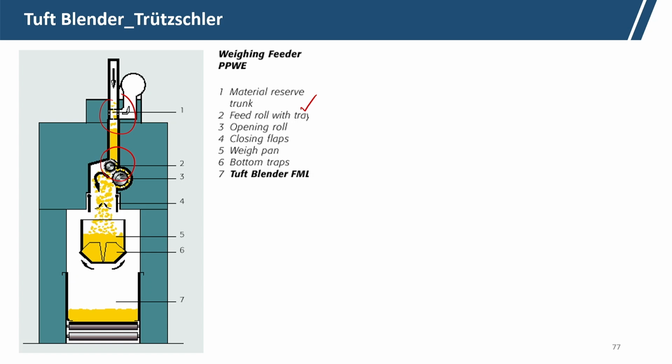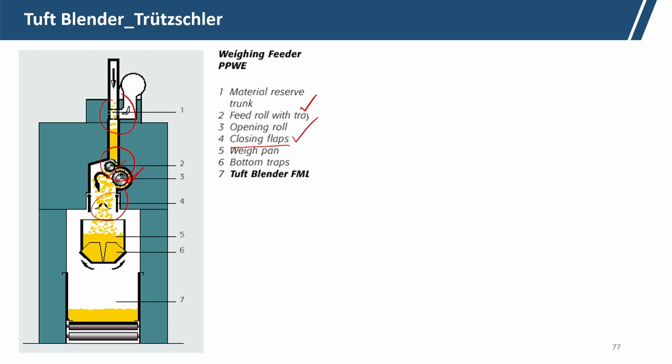Then the toothed opening roller opens the fiber into smaller tufts, and here you will find the closing flap, where we can control the feed material.